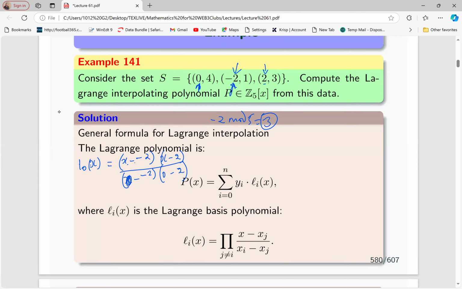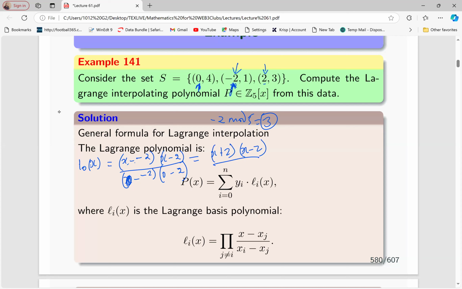You may want to reduce mod 5 at every step, or you may want to do it at the end of your working. The way I'm doing it now, I've decided to do it at the end of the working. So that means I'm not reducing this mod 5. So this gives me x plus 2. And this other one gives me x minus 2.